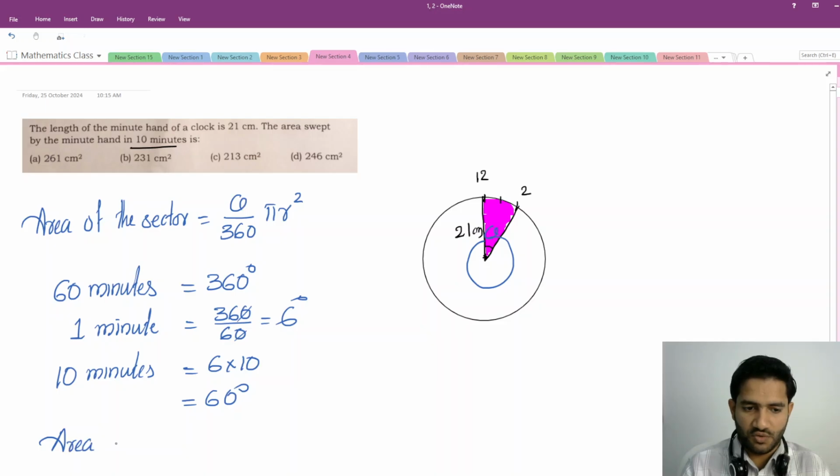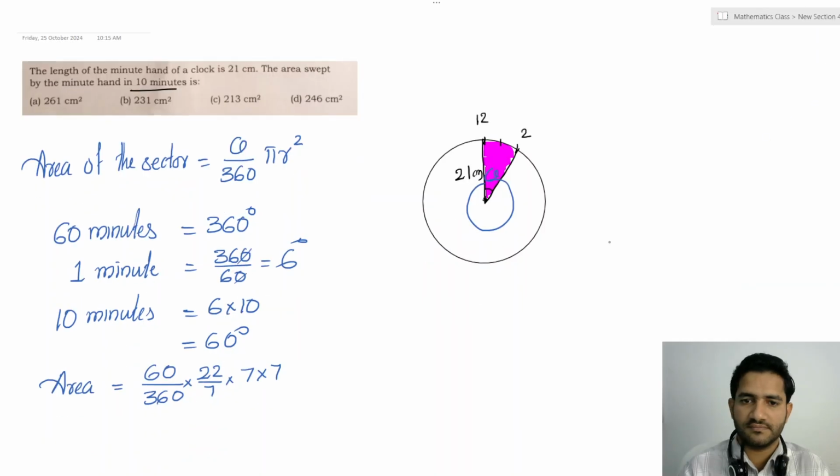Area equals 60 by 360 into pi, which is 22 by 7, into r square, the length of the minute hand, 7 square. So we can write 7 into 7. We can cancel 7 and 7, 0 and 0, 6 and 36. It will be 1 by 6, 22 into 7.